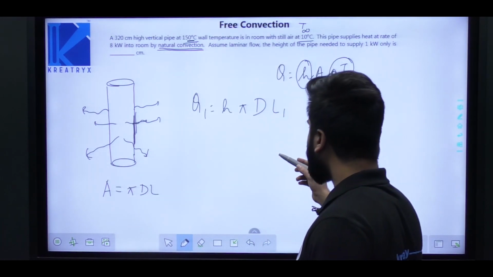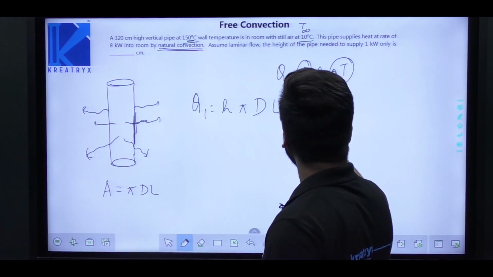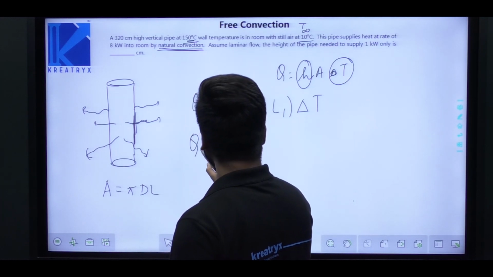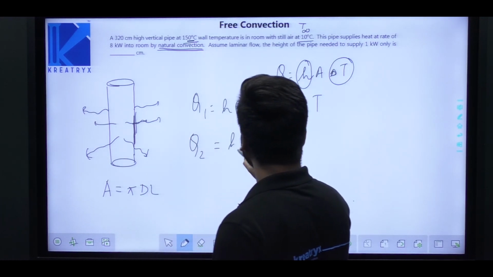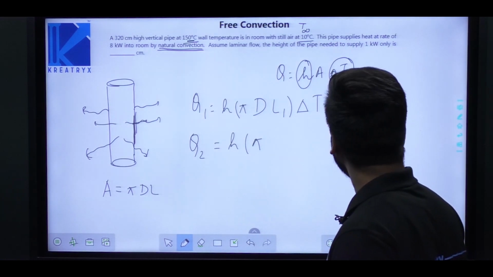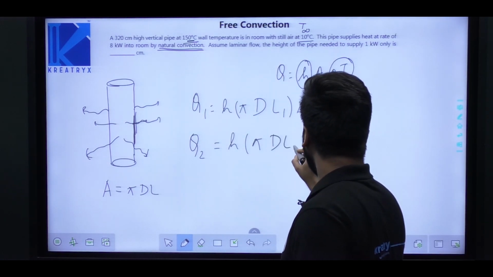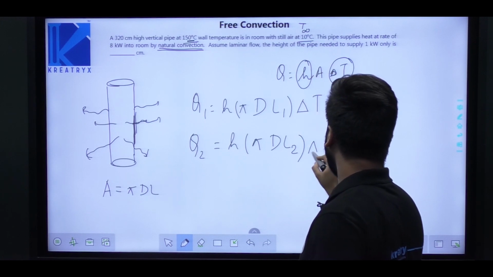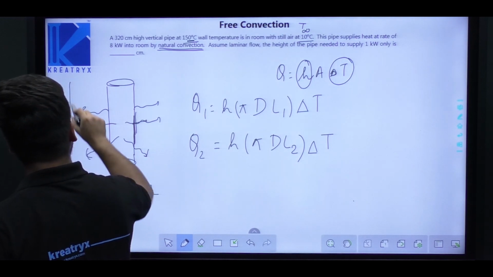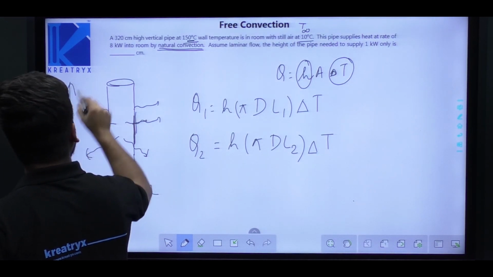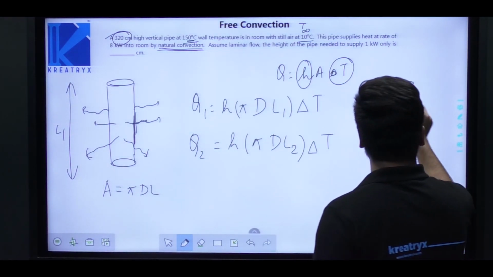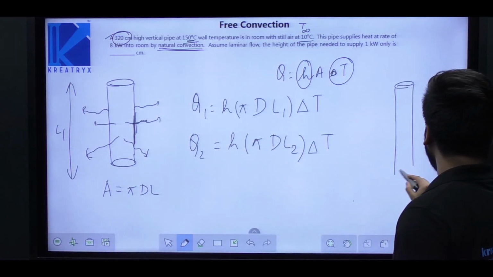And for the second case, where we have to find the length of the pipe needed to supply 1 kilowatt, let the length of that pipe be L2, while for the first case the length L1 is 320 centimeters.